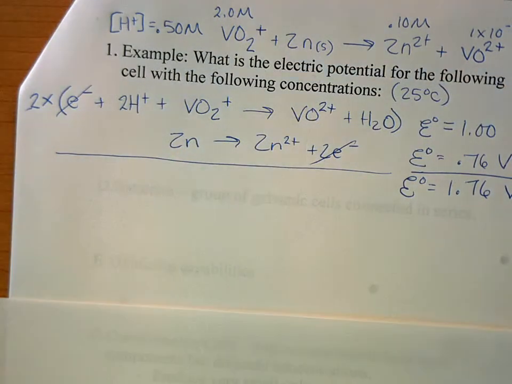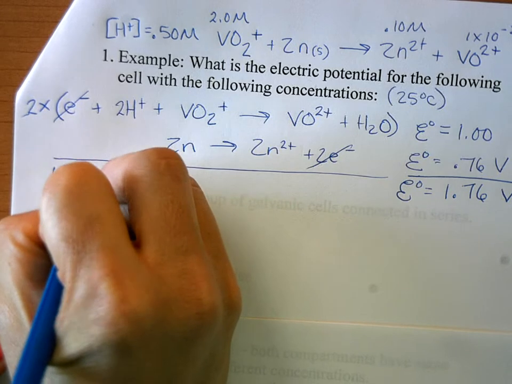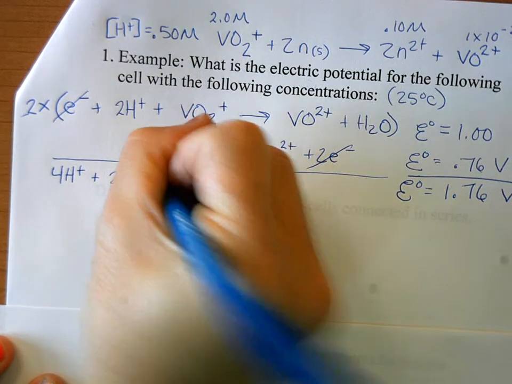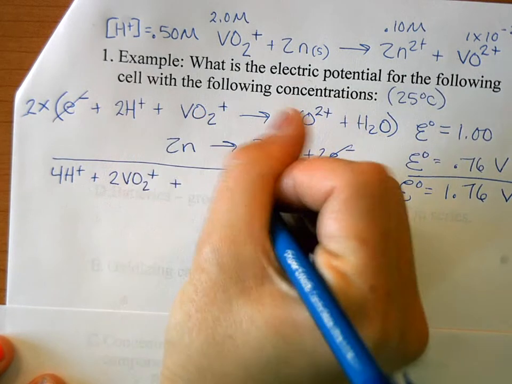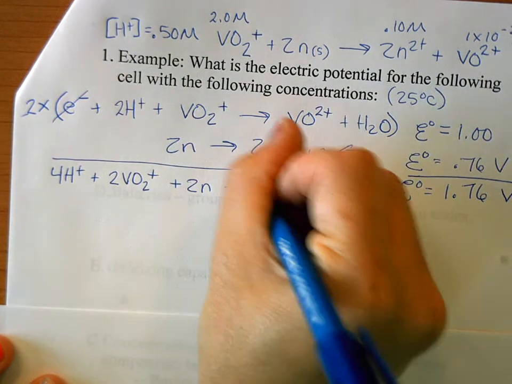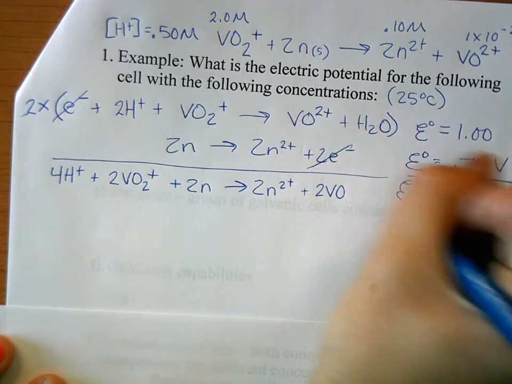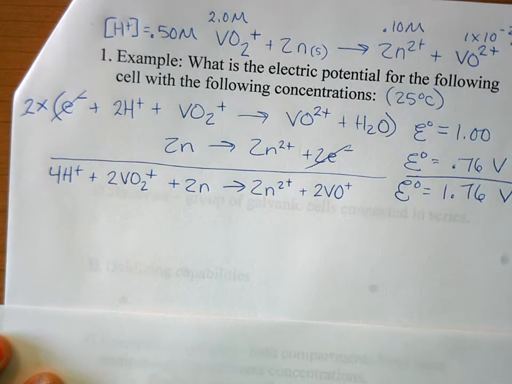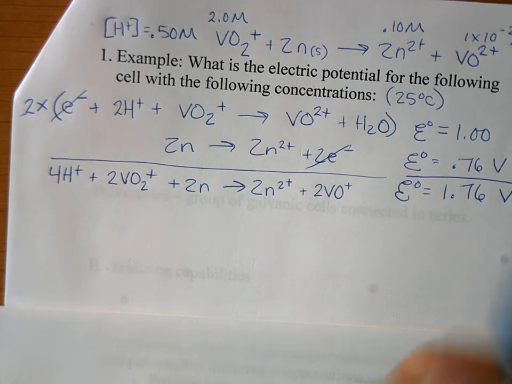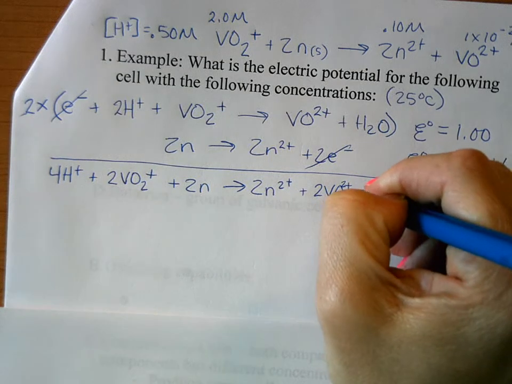When I do that, I'll have 4H plus, 2VO2 plus, plus zinc, gives me zinc 2 plus, 2VO with a positive charge. I have to say that carefully, otherwise they sound the same. And then plus 2 plus charge, plus 2H2O.